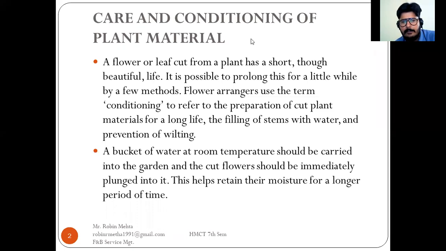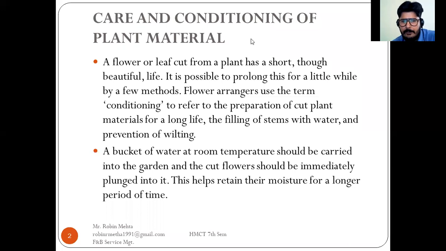If we take the example of our body, we need nourishment. We condition our body by taking healthy food, healthy beverages, by doing exercise, yoga, and all the things we do in our daily routine to condition our body in a very good way.